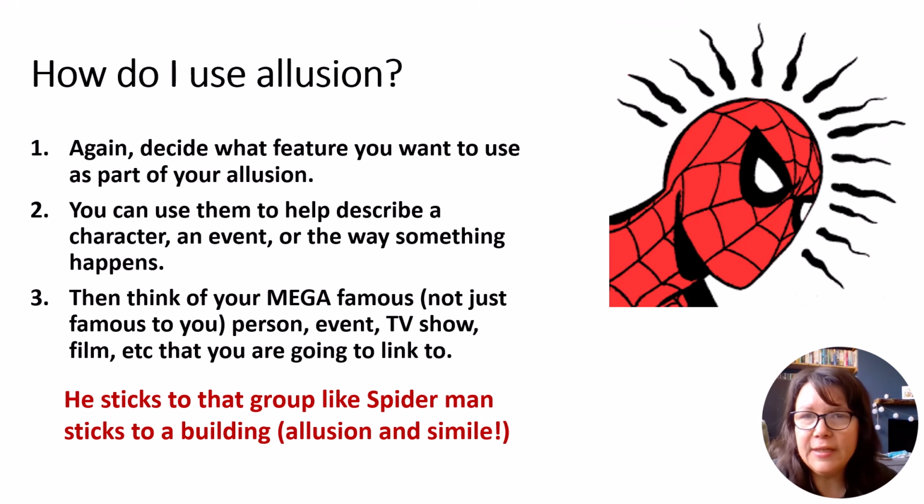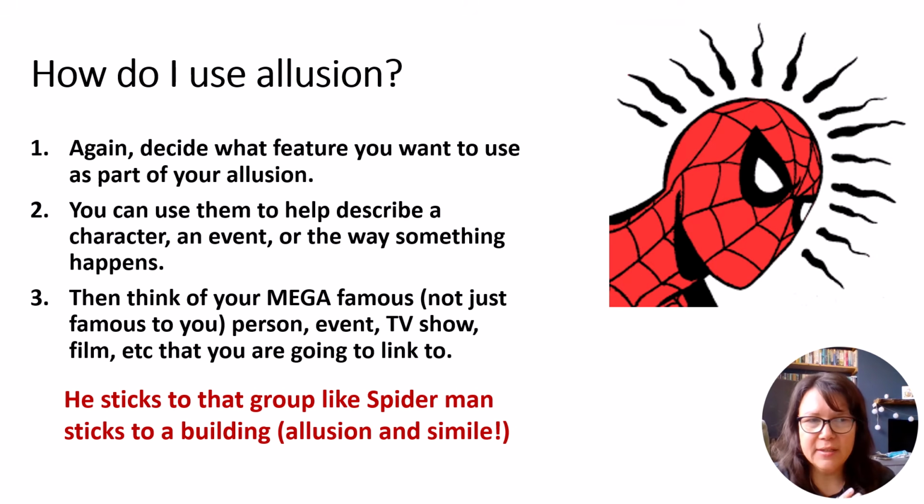So what sorts of things can you allude to? So again, you're going to want to think about what it is that you are going to want to do as part of your allusion. And so this is again going to be a standout feature. It will often be in reference to a person or a situation or action that is happening.